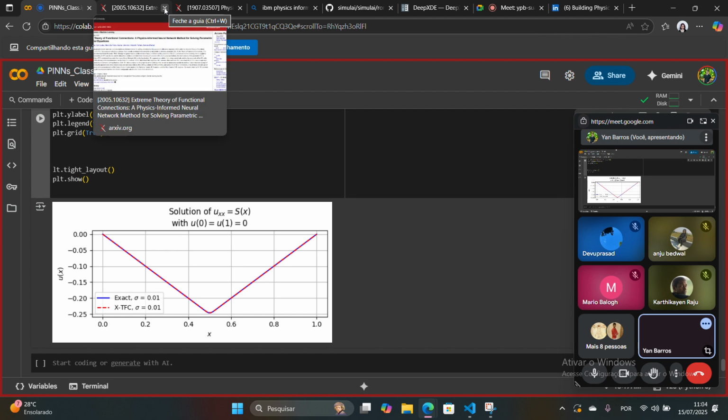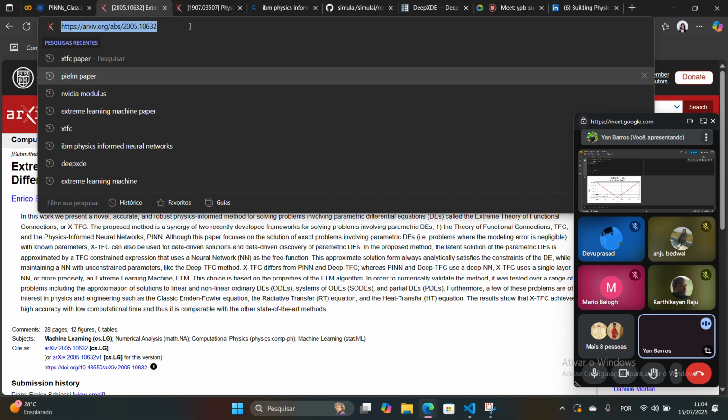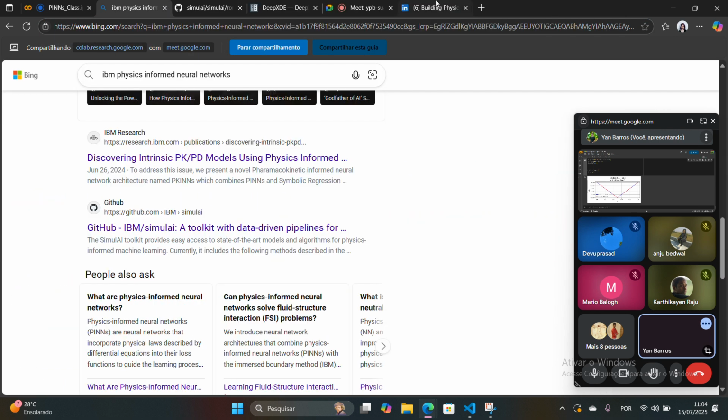So this is a little bit about the field of physics-informed neural networks. How can we understand more about the practice? But I think that we are starting to build some knowledge for developing more things in the future.